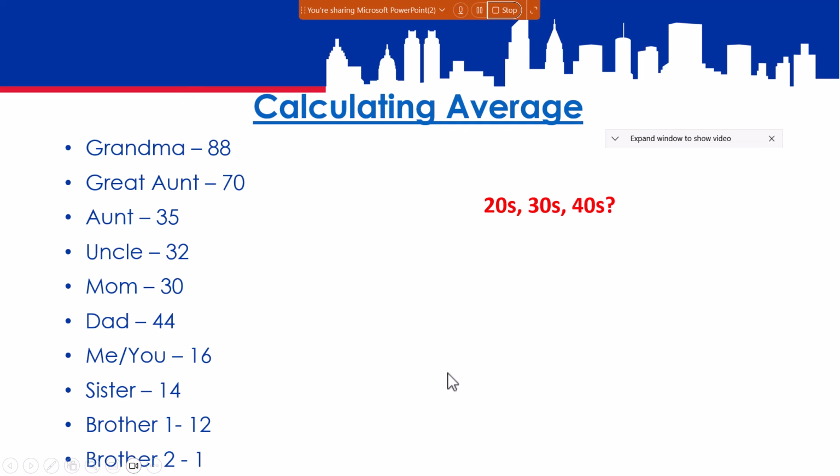Just looking at the numbers, what is the average? Is it in the 20s, 30s, or 40s? And of course, the average is the number you get when you add up all the ages and divide it by 10 because there are 10 people. But just by looking at it, what's the average age?